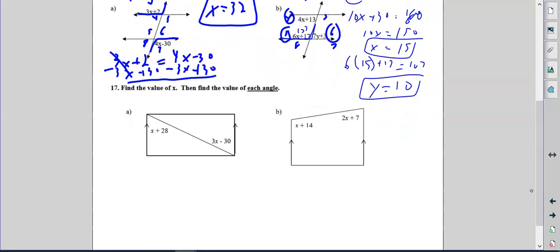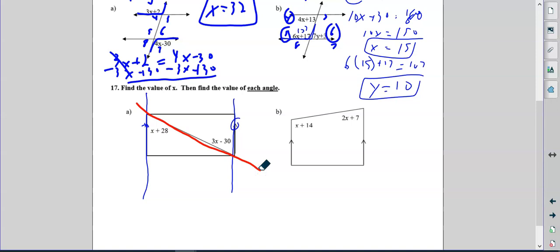Find the value of x. Now this is tricky because now we have shapes. Well, not really. If we go back to what we've been doing, we have parallel lines right here, and we know that from these marks right here. And what we have coming through is what we have been working with, a transversal.